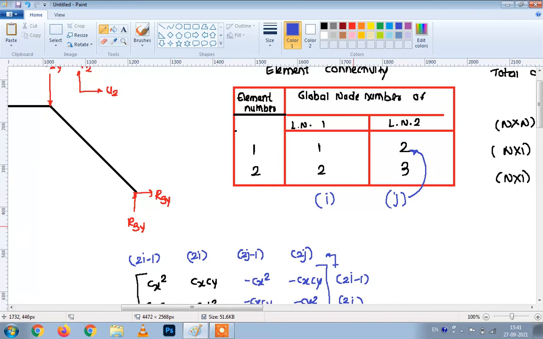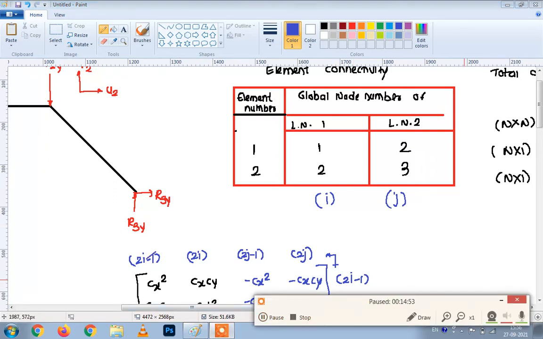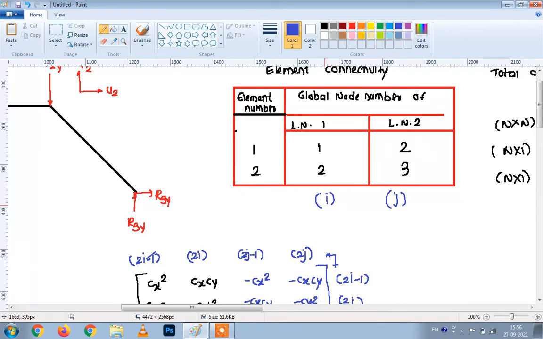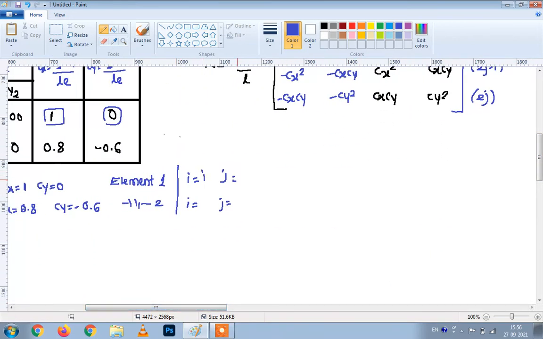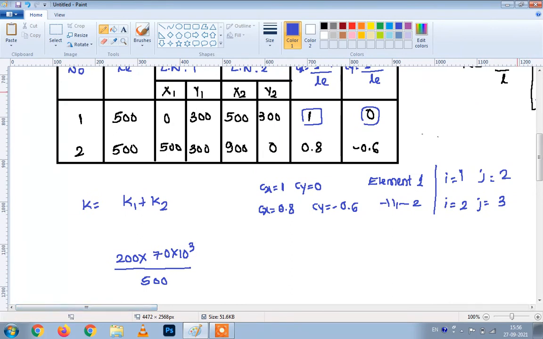The values of i and j can be found using the element connectivity table. Here the value of i is 1 and j is 2. So for element number 1, the value of i is 1 and the value of j is 2. For element number 2, the values of i and j are 2 and 3. So we will quickly write down these values.